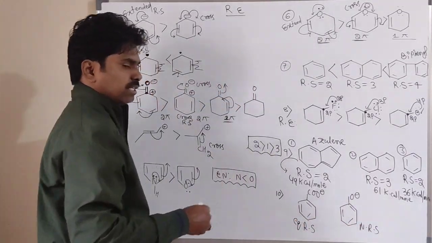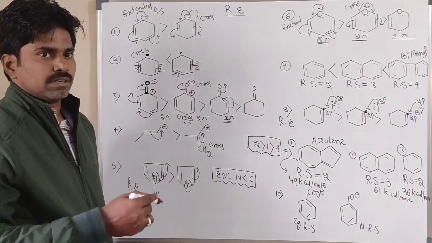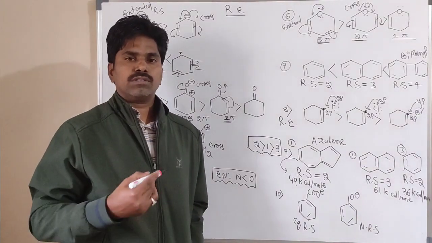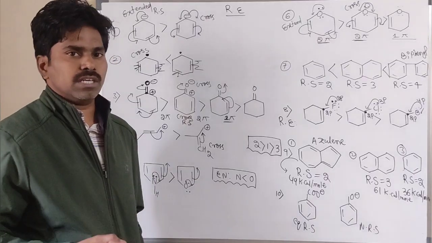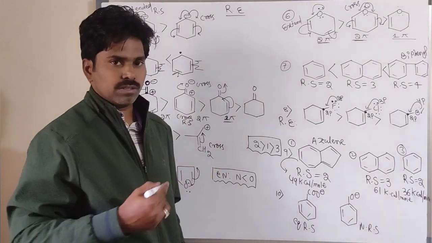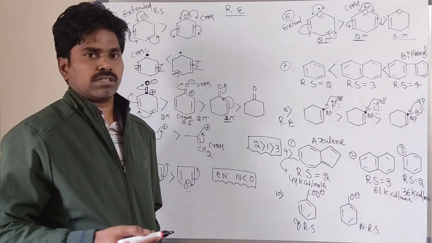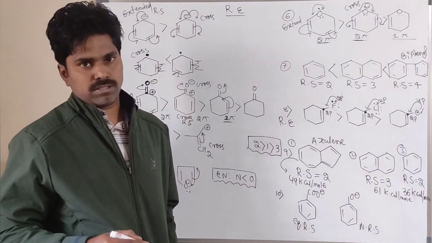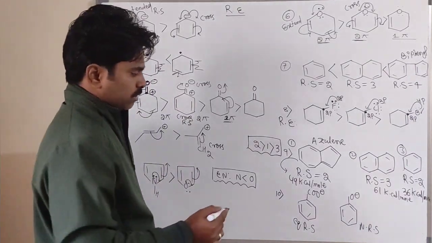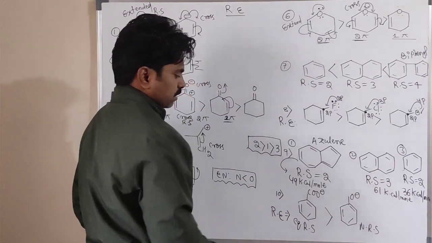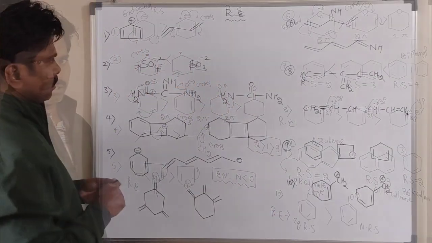Equivalent resonating structures are better because all of those resonating structures have the same energy level, compared to normal resonance, where each resonating structure has a different energy level. So the resonance energy is highest for the equivalent resonating structures.